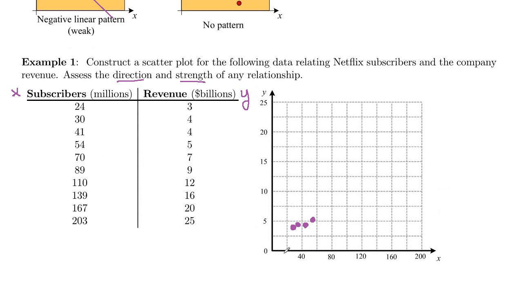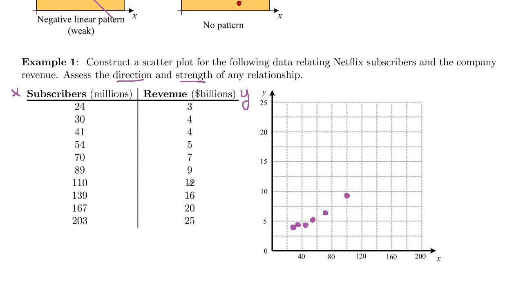70 and 7, so this would be 60, 70 would be halfway between this mark and this one, and then 7, about right there. And then 89, so about 90 and 9. So 90 would be here, going up 9, about right there.